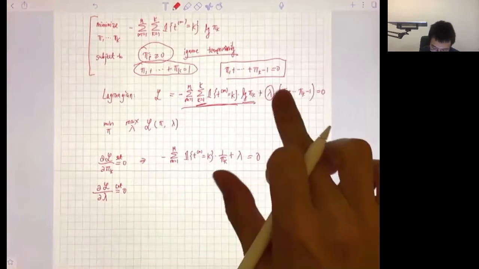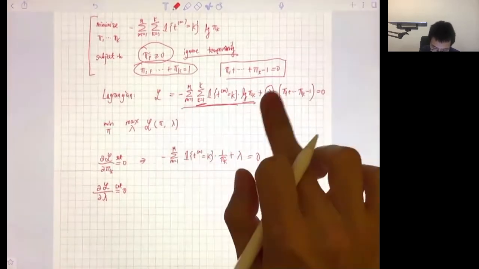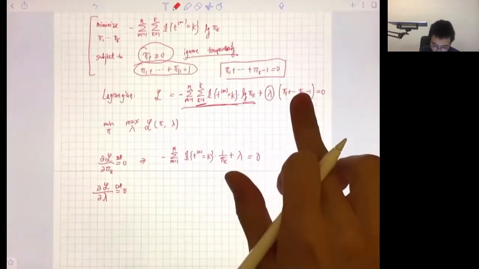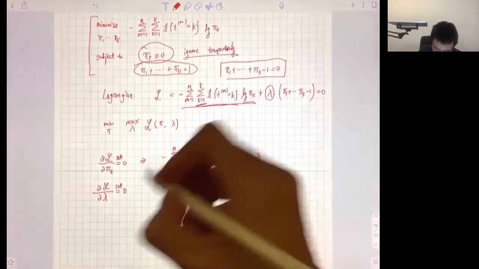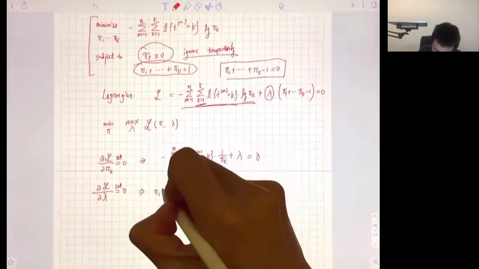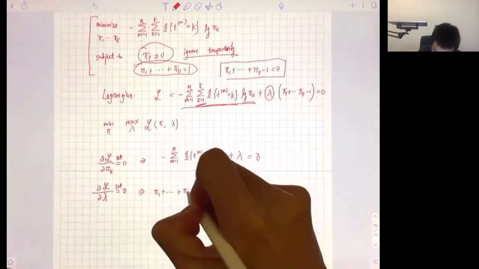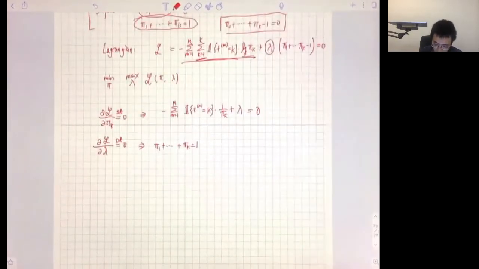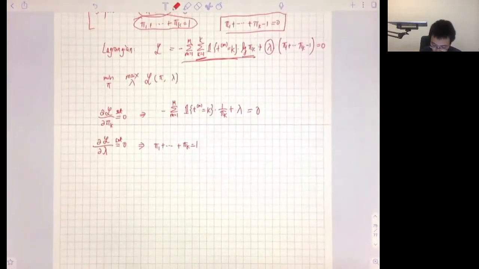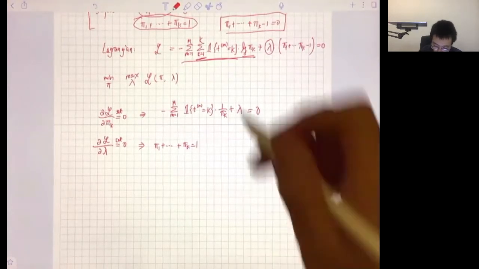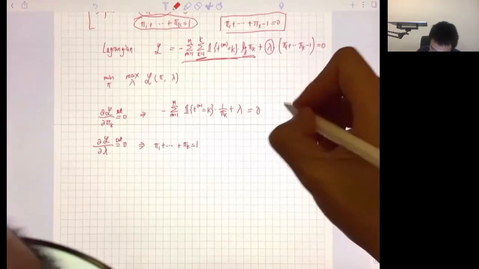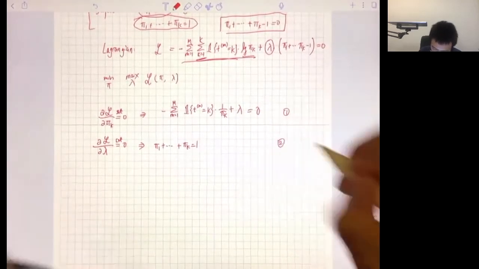If you set the partial derivative of the Lagrangian with respect to lambda to 0, it gives me the primal feasibility: pi 1 up to pi k sums to 1. This is the first term and this is the second term.